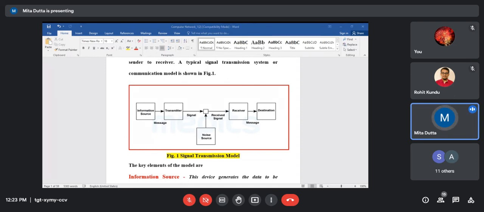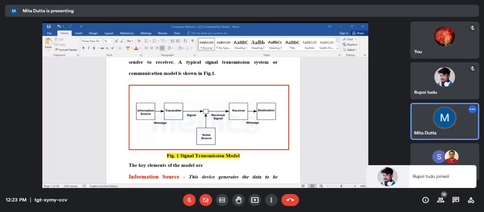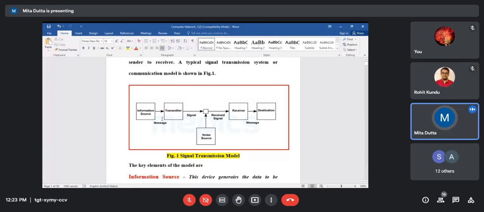transmission. Now, to find an analogy between baseband signal transmission and broadband signal transmission, we can say, if we want to throw a piece of paper, which is baseband transmission, it will not go very far.